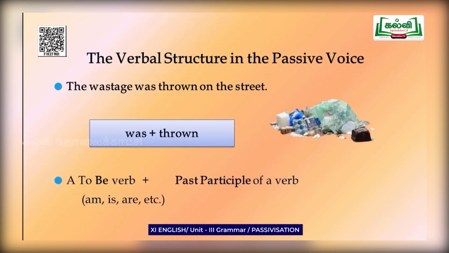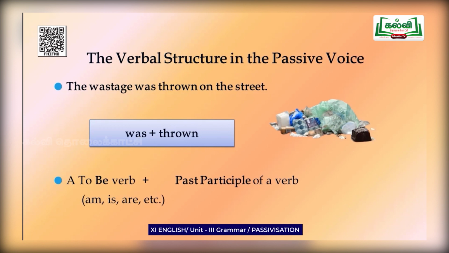I hope you understand how to change active voice to passive voice. Now our focus is going to be only on the changes in the tenses. Though the verbal phrase in the passive voice carries the structure to be verb and past participle, it has to incorporate the elements of each tense.